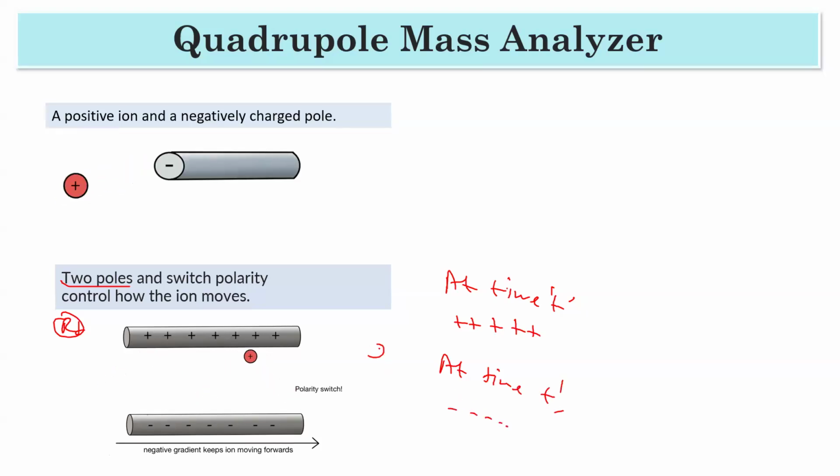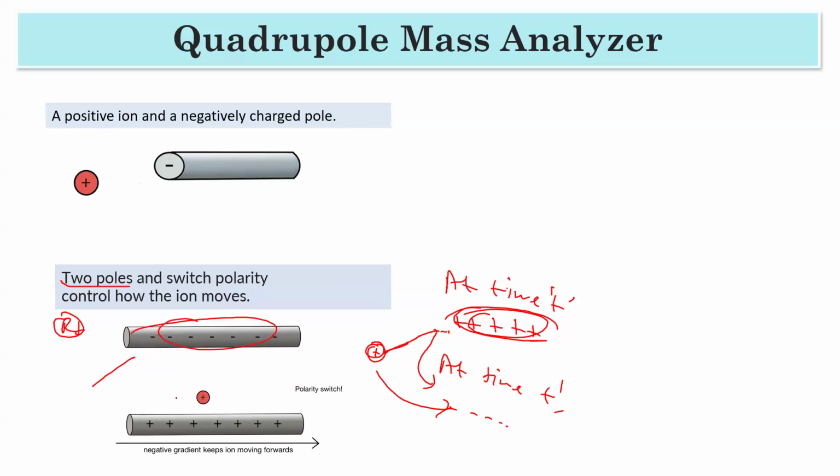A positive ion moving between these two poles will be repelled when the pole is positive, but when the pole becomes negative, it will be attracted. So by controlling the positive and negative polarity of these poles, you can control the direction in which the ion moves inside.